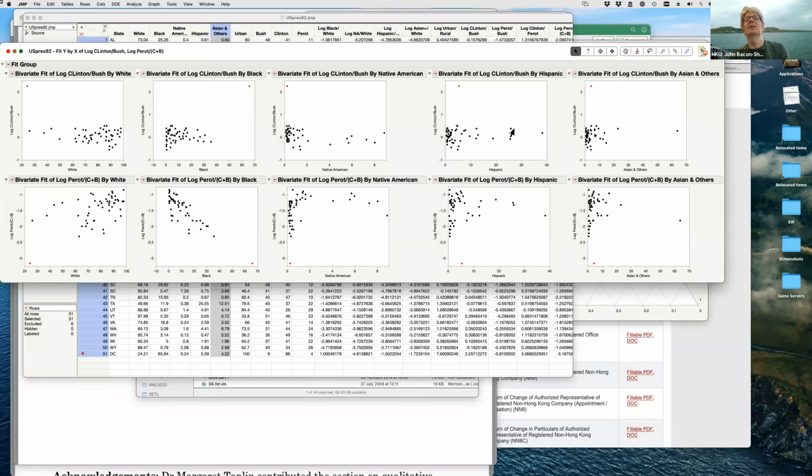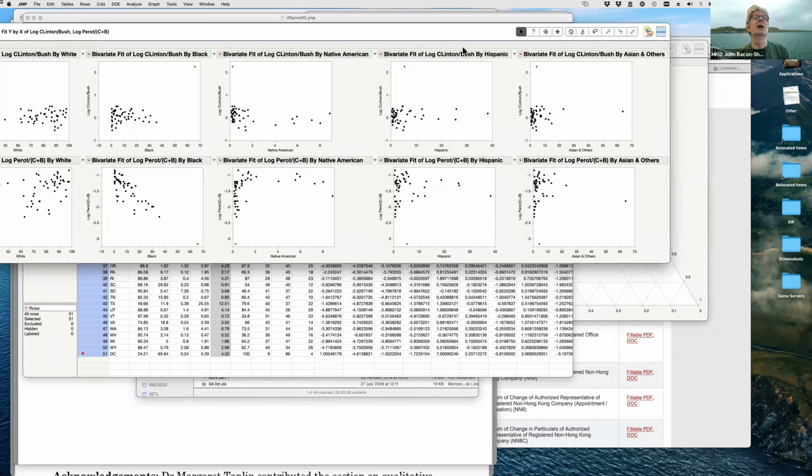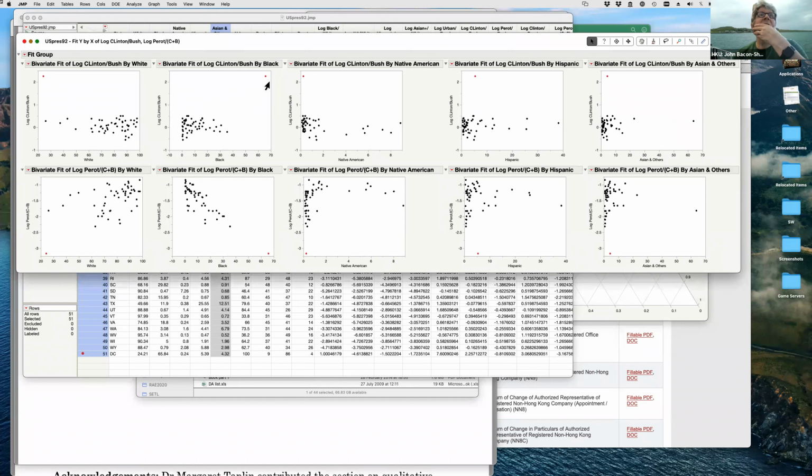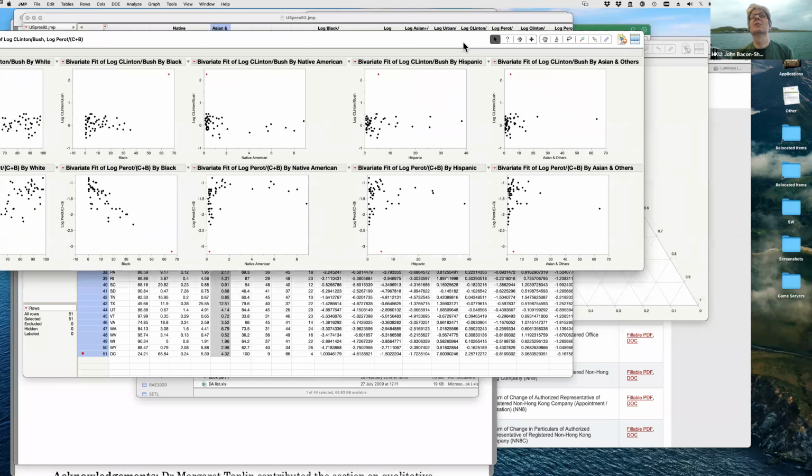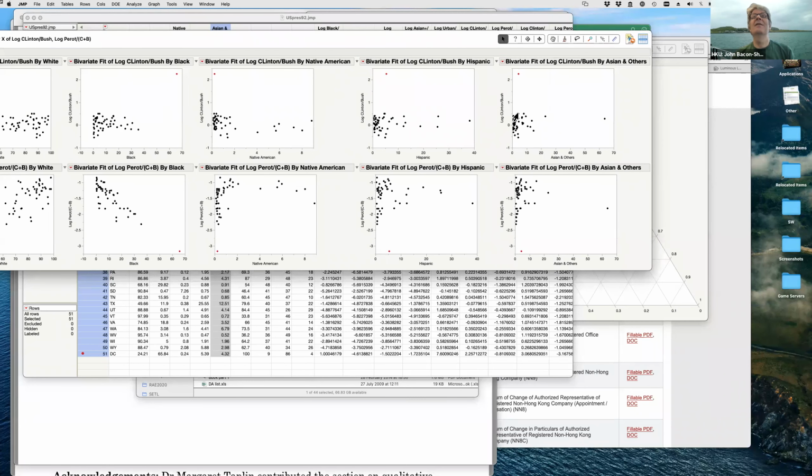Native American, Hispanic. You'll notice that actually DC has a lot of blacks, doesn't have that many Hispanics, doesn't have many Native Americans, doesn't have that many Asians.